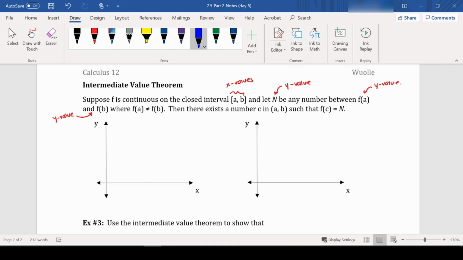I'm on a closed interval. These are x values from a to b. Okay. This function is continuous. So if it's continuous, it might be doing something like this. It might be doing something like this. It might be something like this.